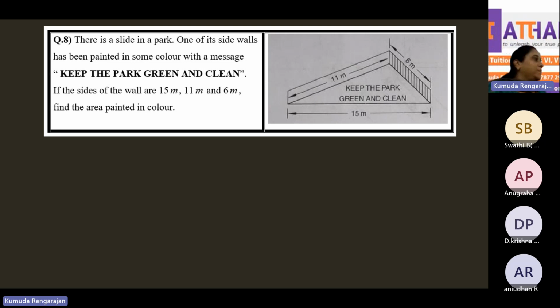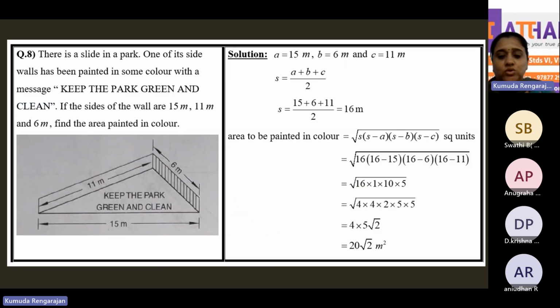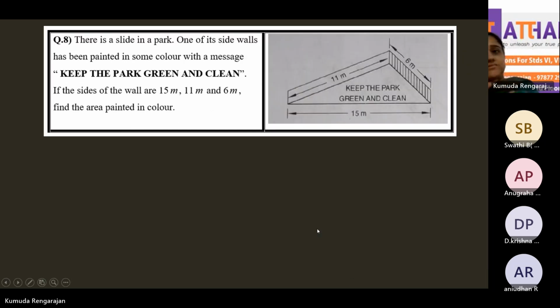Finished? What's the area? 20 root 2. Okay. Srivatsan has already got it. 20 root 2. Yeah, perfect. The answer is already released. All of you try to get it correctly. Did you take down the question? Write it below the answer. 20 root 2.